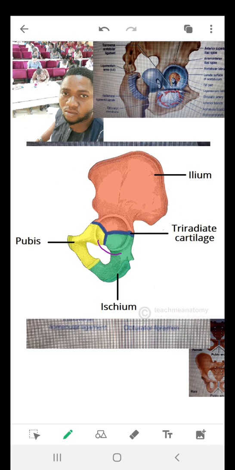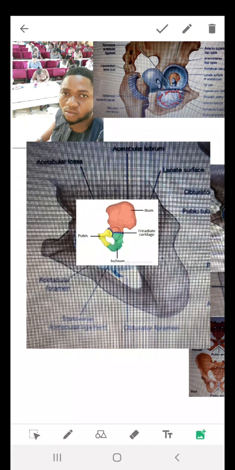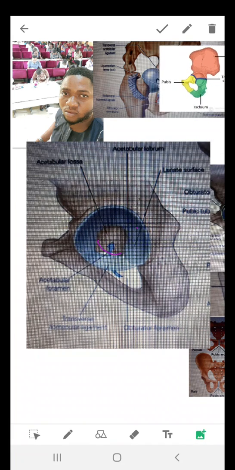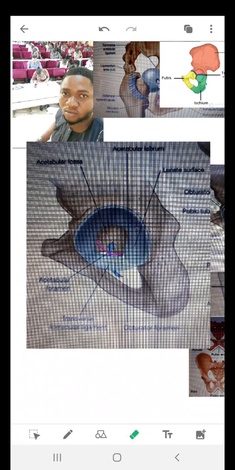So let's go back to the image we were using the other time. If you notice this image, there is an acetabular notch here.